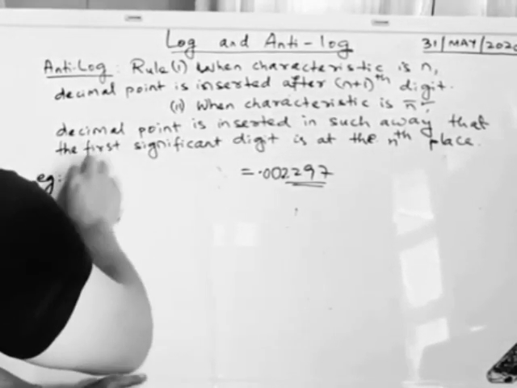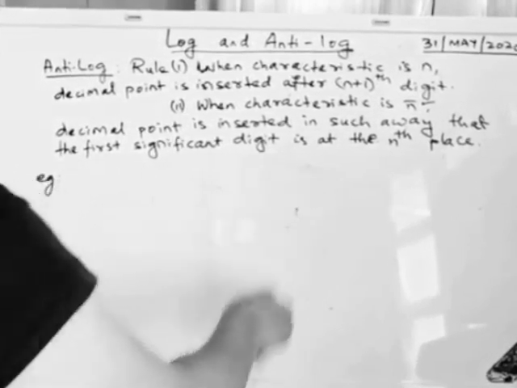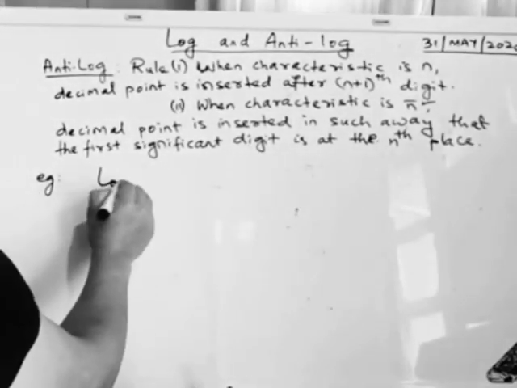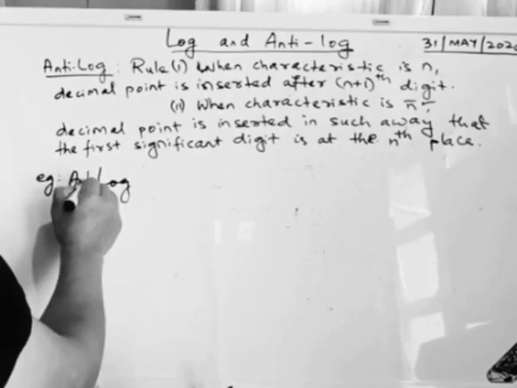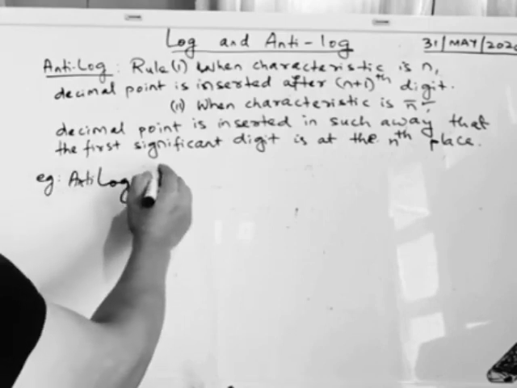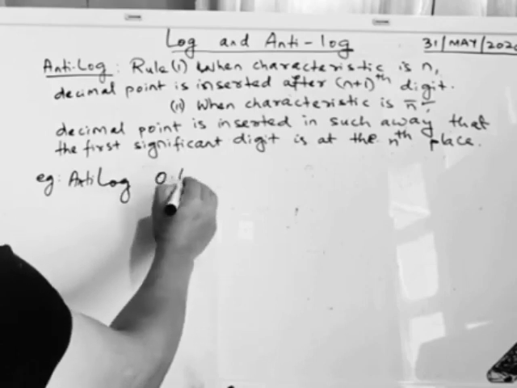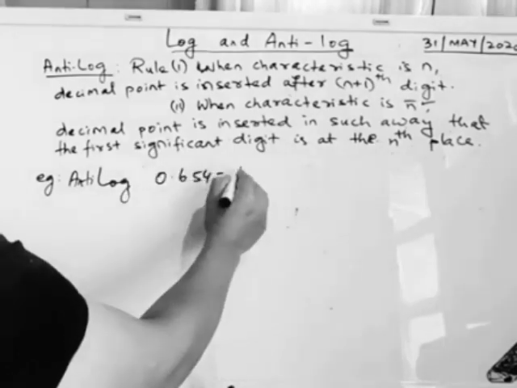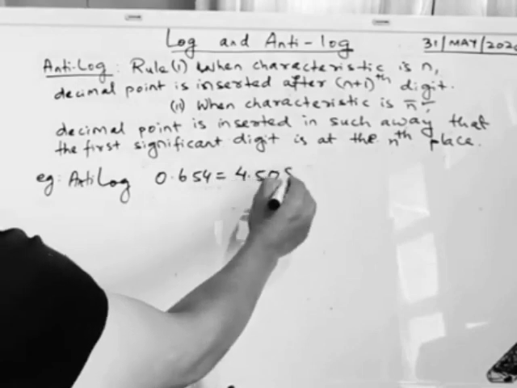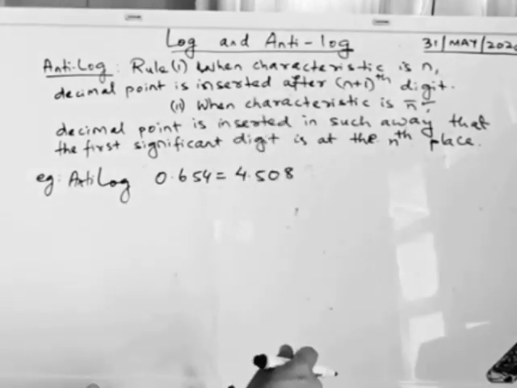We will go back to the first example. The antilog of 0.654 is 4.508.